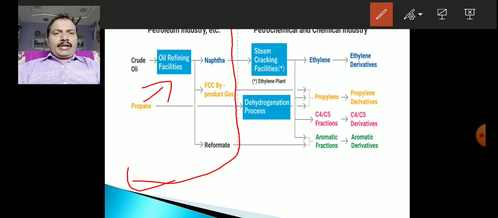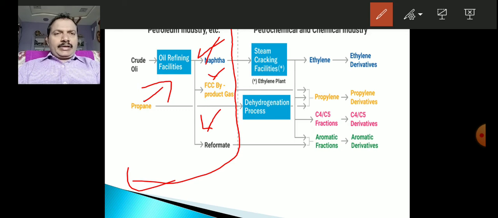The oil refining is the process in which crude oil is processed and different elements are produced. For example, naphtha, gases, and reformates. So, these are the different types of products produced by the oil refining section.